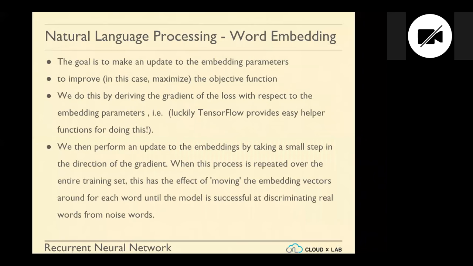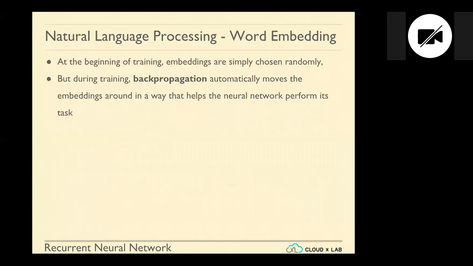Okay, so where were we? At the very beginning of the training, the embeddings are simply randomly chosen. But during backpropagation, during training, the gradient descent automatically moves the embeddings around in a way that helps the neural network perform its task.